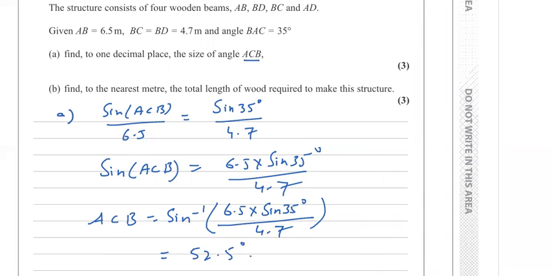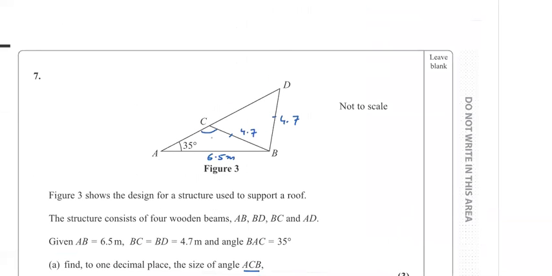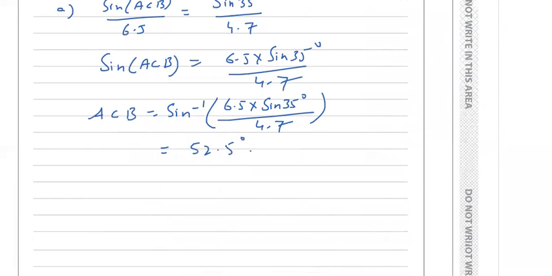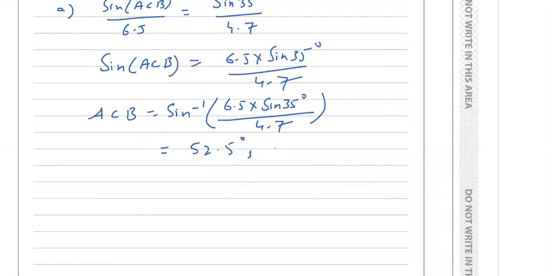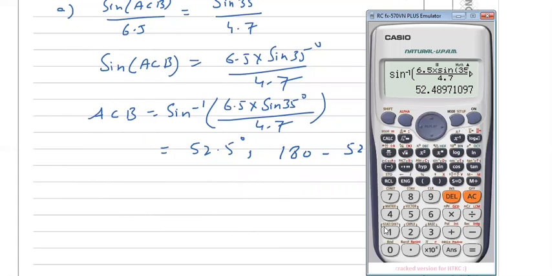But if we look at the figure, it clearly shows an obtuse angle, greater than 90 degrees. So another possibility is 180 minus 52.5 degrees to get the obtuse angle. 180 minus 52.5 makes 127.5.